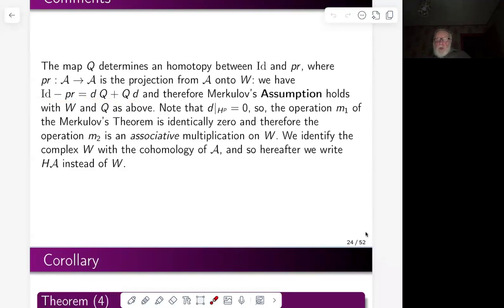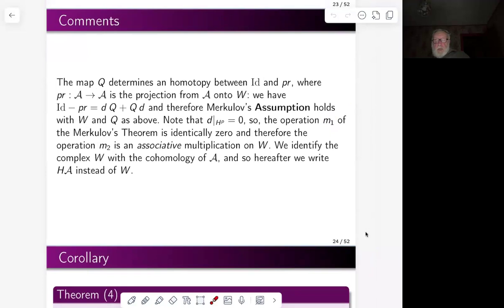Then Merkulov's assumption takes place with W and Q as we constructed. Because d restricted on H^p equals 0, our operation m1 from Merkulov's theorem gives just the zero differential, and m2 gives you an associative multiplication on W. Remember that if m1 equals 0, then the second gives you an associative multiplication.